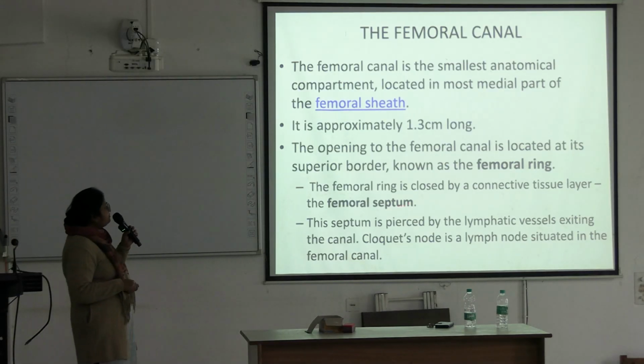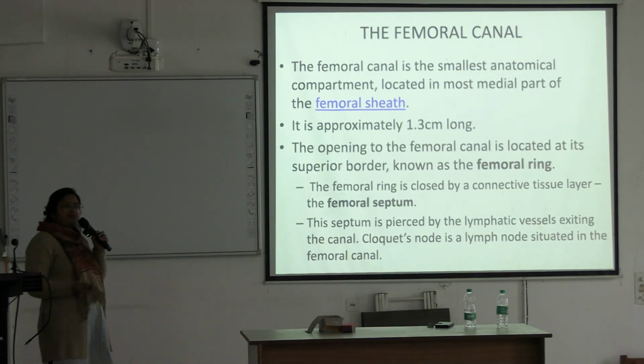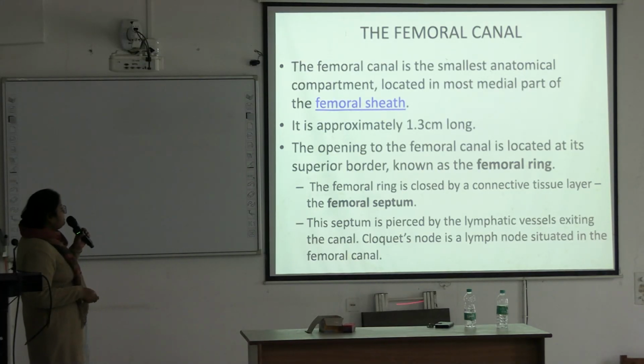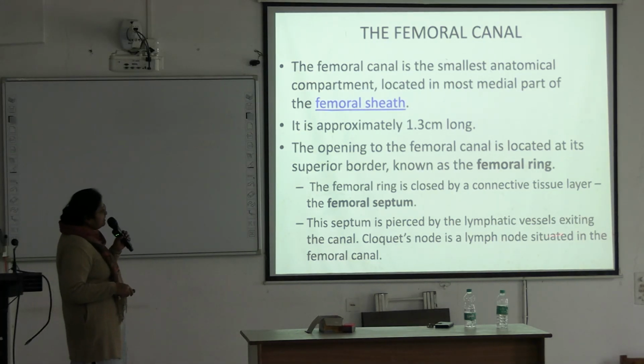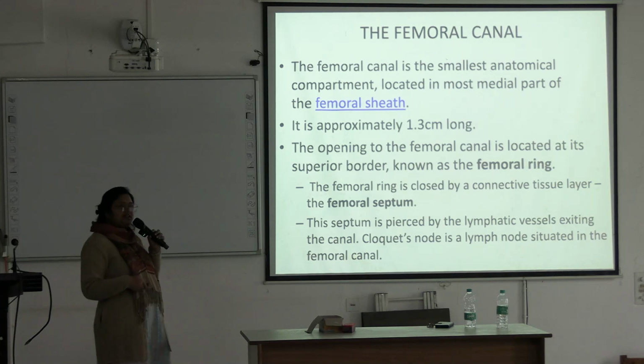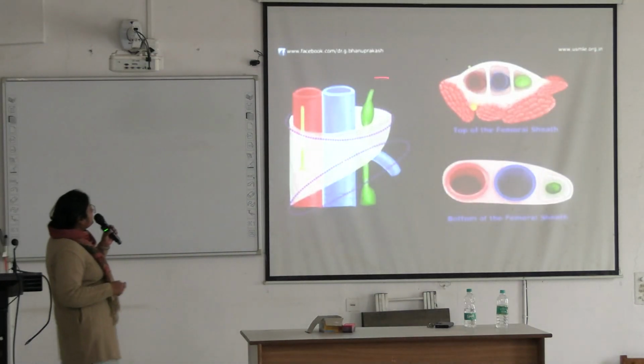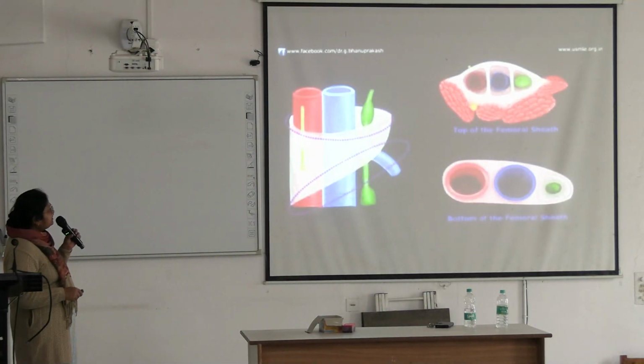The femoral ring is closed by a connective tissue layer known as the femoral septum, and this septum is pierced by the lymphatic vessels exiting the canal. Cloquet's node is a lymph node situated in the femoral canal. So see here, this is the view from the anterior aspect.